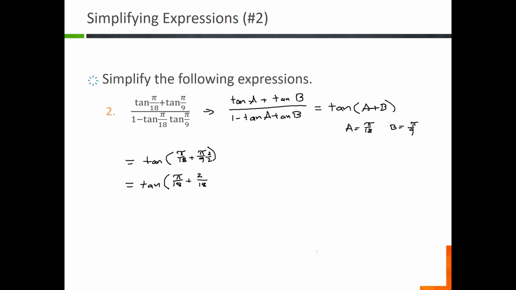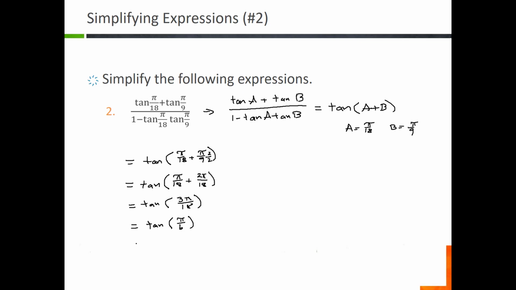So I'm going to have a 2 pi over 18. So I have a pi over 18 plus a 2 pi over 18. And that turns out to be the tangent. If you add those, 1 pi plus 2 pi is 3 pi over 18. Okay. The 3 and the 18 will reduce a little bit. 6 goes into 18 3 times. So we have the tangent of just pi over 6.